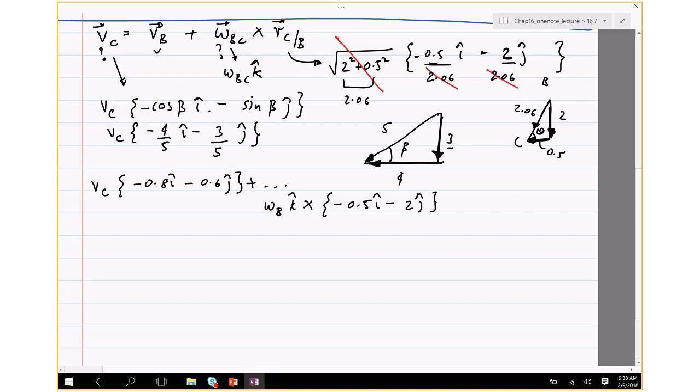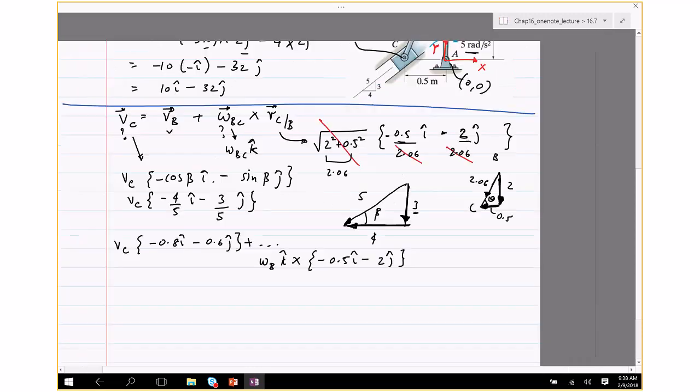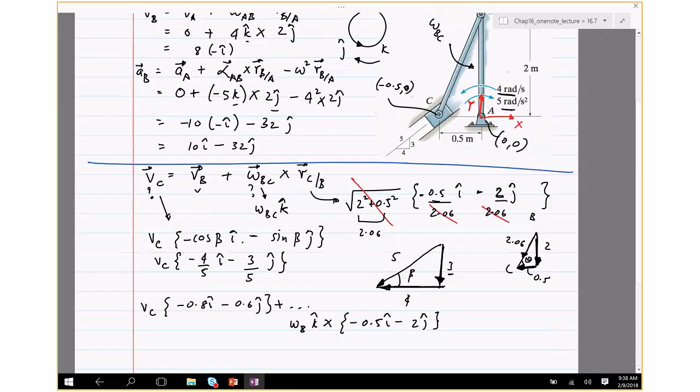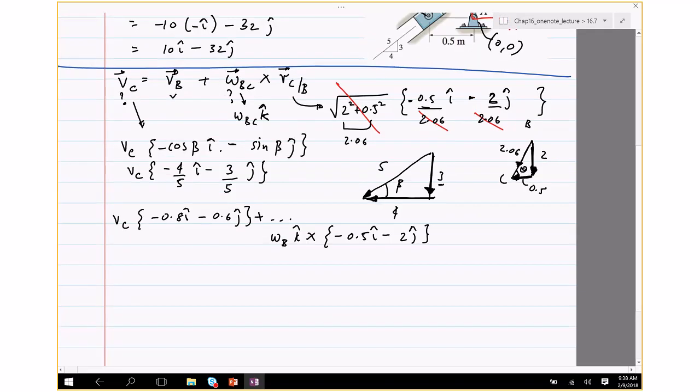I'm forgetting velocity of B, so velocity of B is minus 8I, so this should equal minus 8I plus this part.